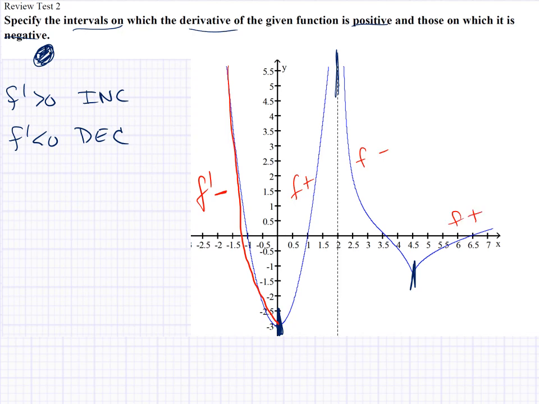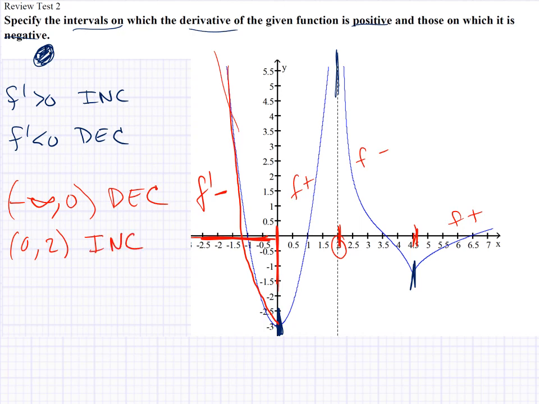So as far as the intervals go, we look at the x values here, here, and here. And this interval is from negative infinity all the way up, because you know this will keep going. So negative infinity all the way up to an x value of 0. That's where it's decreasing. Then from 0 up to 2, it's increasing.